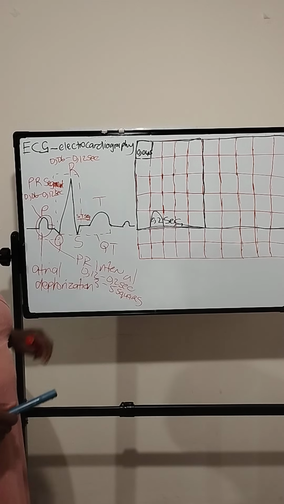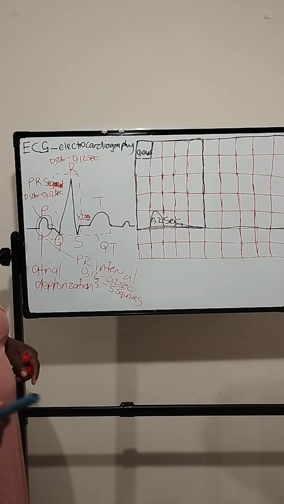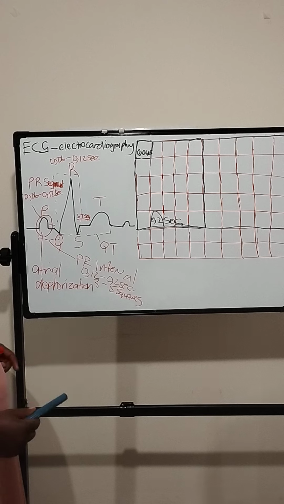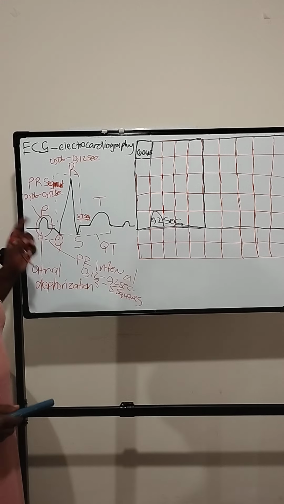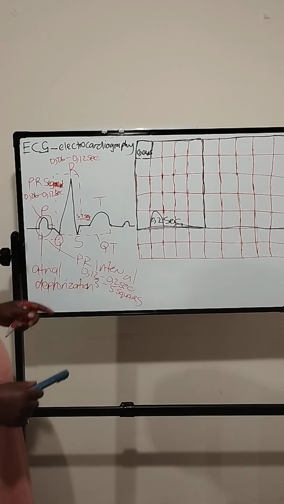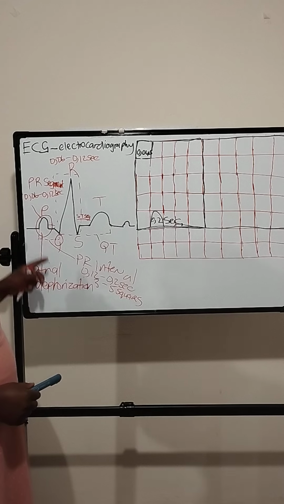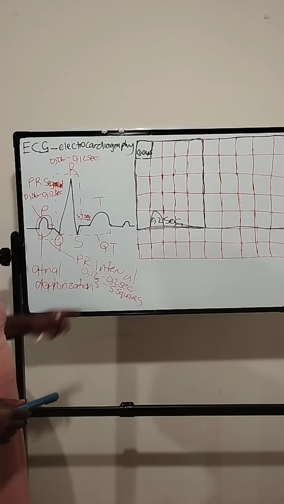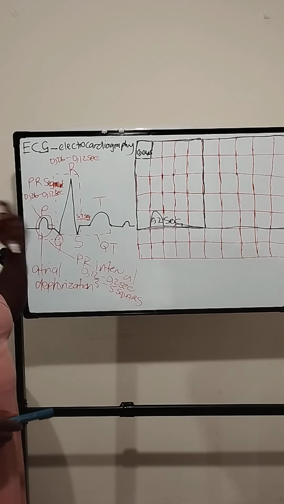A P wave shows that the wave of contraction was initiated by the sinoatrial node, and it represents atrial contraction. And each P wave is followed by a QRS complex and a T wave.